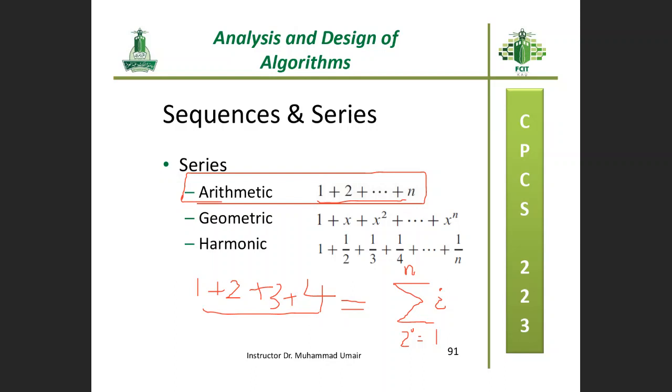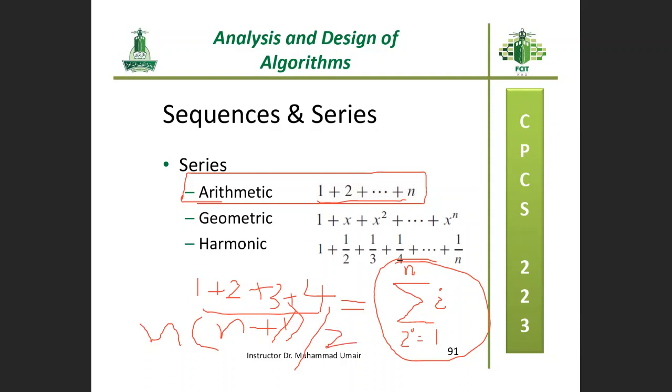Ahmed, you are very close, but the formula is not precisely correct. You should know how to write the sigma notation. If you are not familiar with this, you should revise this concept. The formula for the arithmetic series is n into n plus 1 divided by 2. Right, Ahmed? So this is the correct formula.